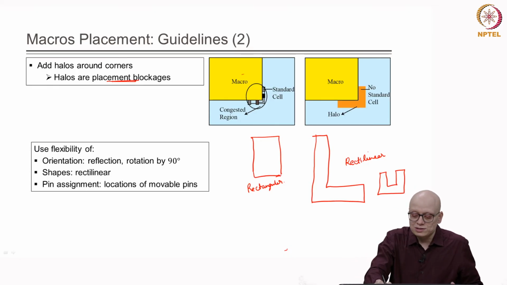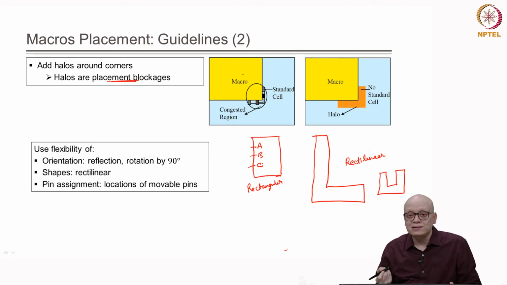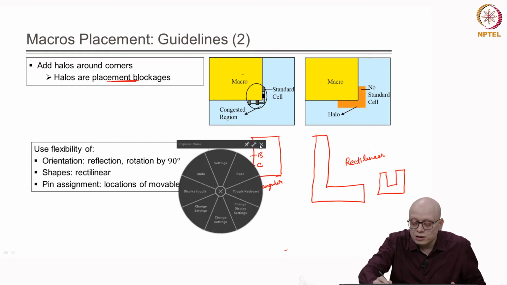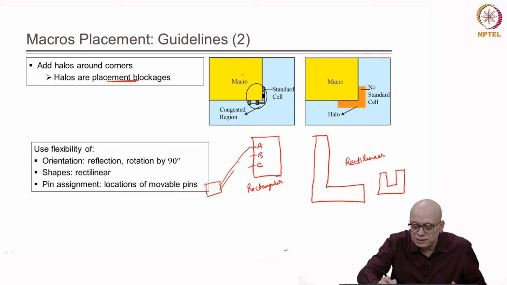Now, suppose this was a flexible macro and there are pins A, B, C, right. If this is one case, it may happen that A is actually going to many objects which are lying at the bottom, and therefore, it may make sense that rather than having pin assignment as A, B, C, if we make it B, C, A, then the wire length can be reduced, right.